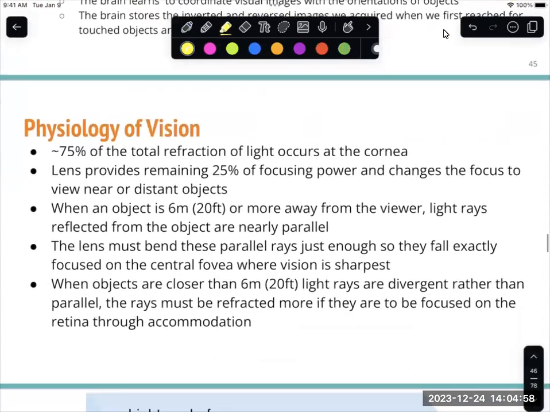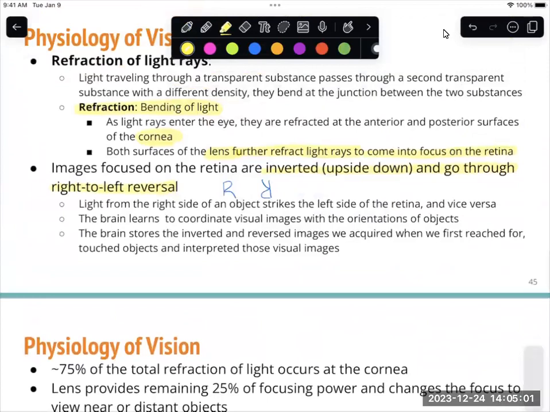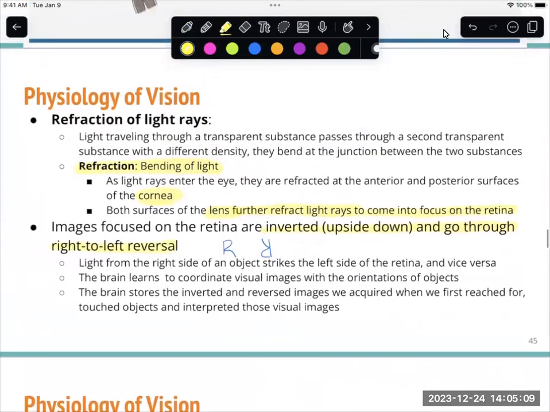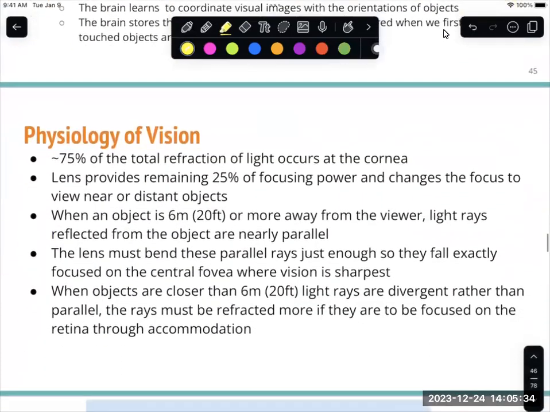Everything is flipped right to left and inverted upside down. The brain takes this and is able to flip it back and invert it so it's now right side up, so we know what we're looking at, even though what is projected onto our eye is completely different.